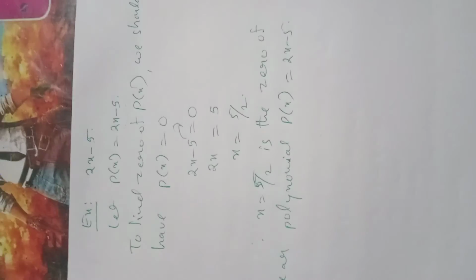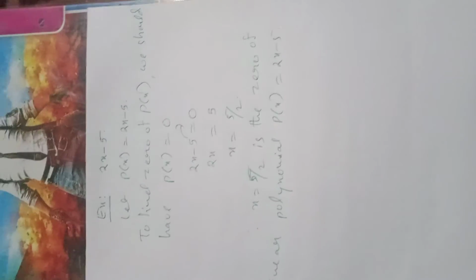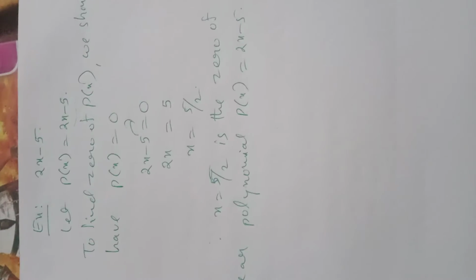So like that we can find the 0 of linear polynomials. Is it clear to all of you? Right. Now, finding the 0 of a linear polynomial is very easy for you. You need to proceed with the steps like this.